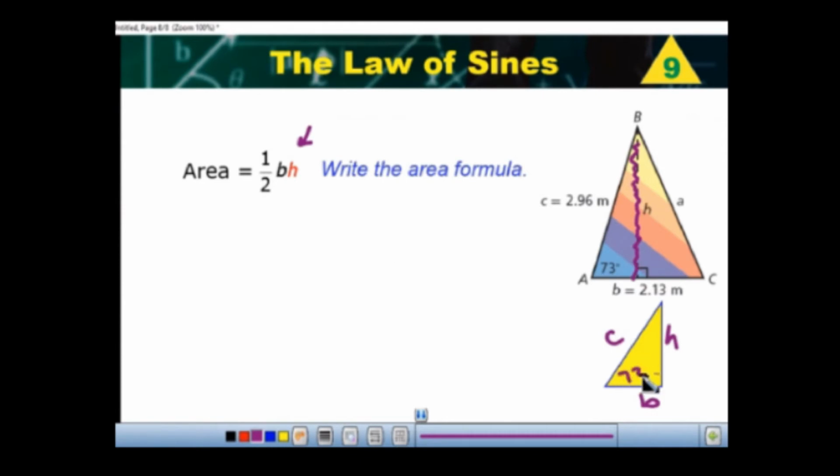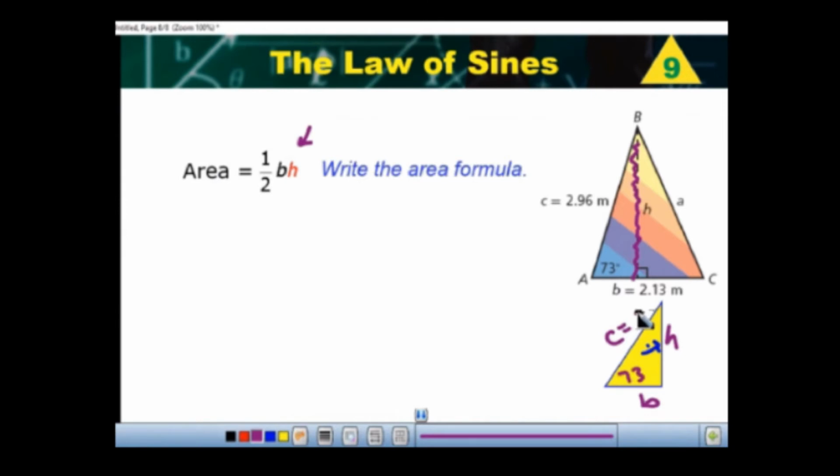Well, if you remember the trig ratio, the sine, you needed something with a ratio of opposite over hypotenuse, which is the c, because the c, by the way, is given. C has a value, which is good, 2.96.